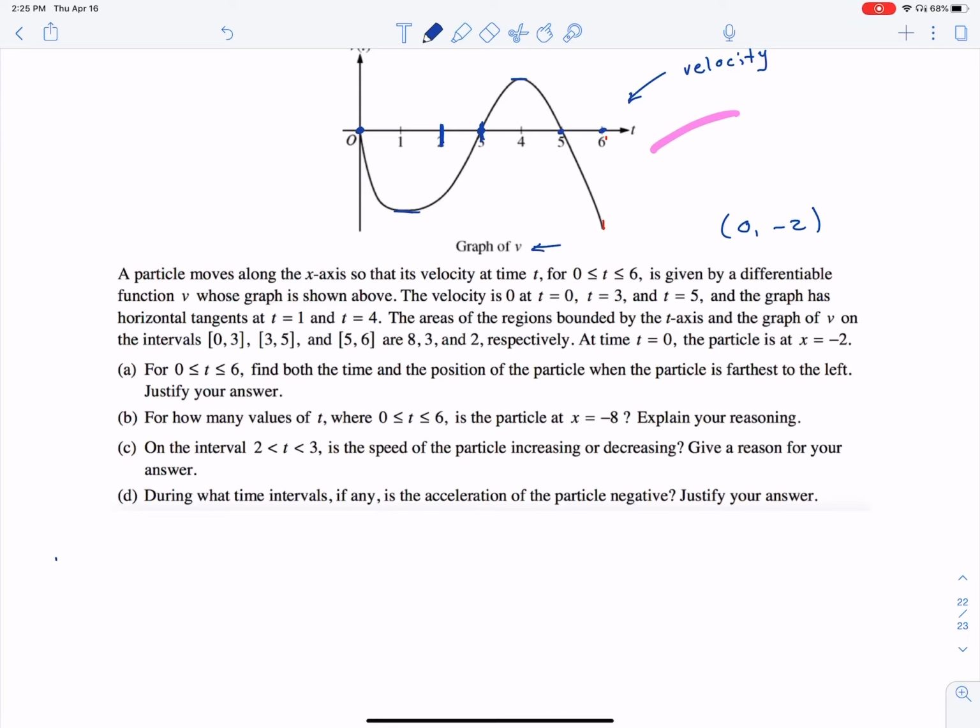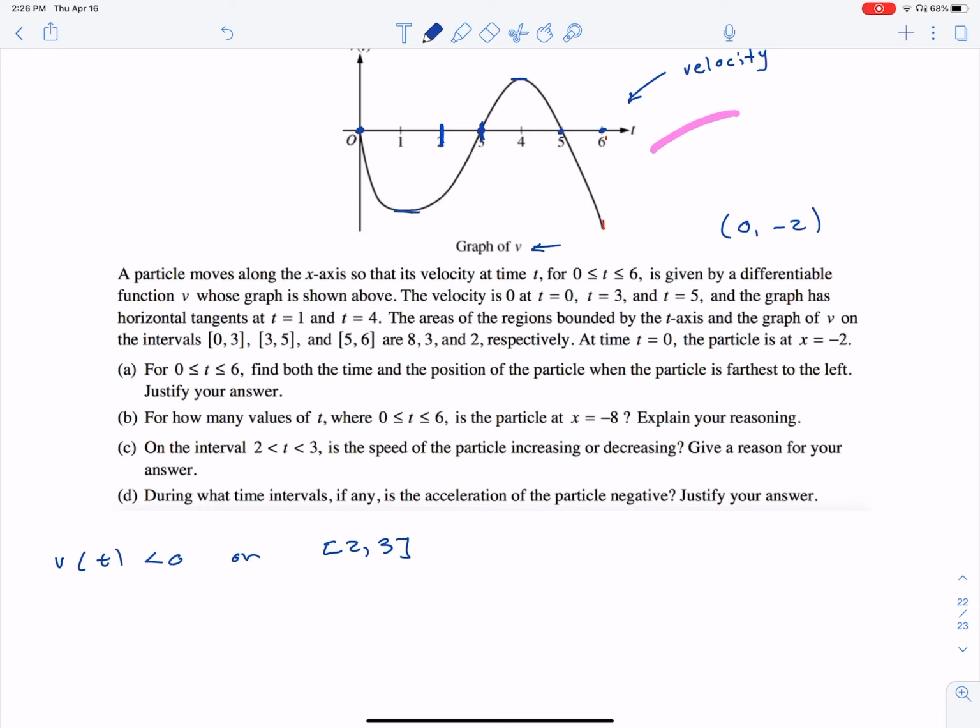So v of t: notice it's below the axis, so it's negative, less than 0 on 2 to 3. How do I know it's negative? Because it lies below the t-axis. So I've established that the velocity is negative.